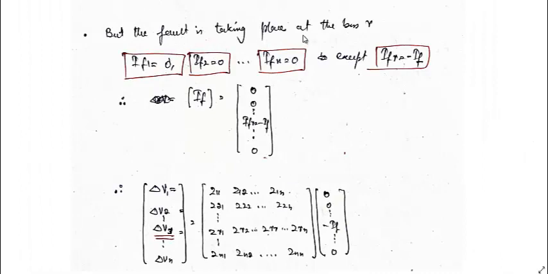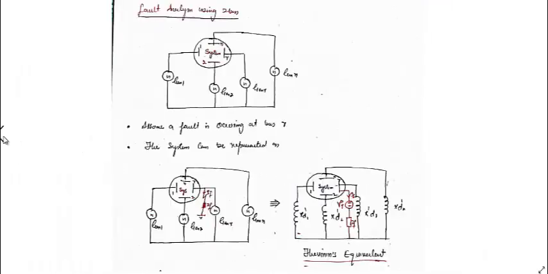But the fault is taking place at bus R. That means IF1, that is the injected current at bus 1, that is the current from, let's say, bus 1 to ground, is 0, because there is no fault. Bus 2 is 0, bus n is 0, except at IFR, that will be equal to minus IF. Why minus?